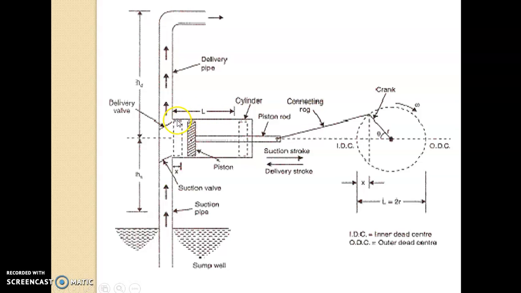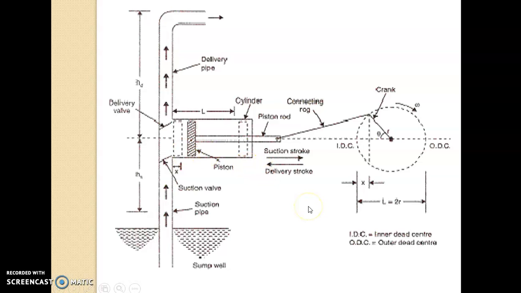We can say that from the top dead center to bottom dead center, whatever the distance is, that is denoted by stroke or stroke length. Now, when the piston moves from this position to this position, this is called suction stroke. And when it moves backward, that is called delivery stroke.